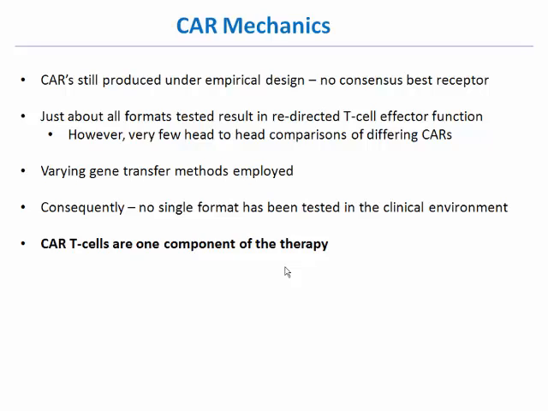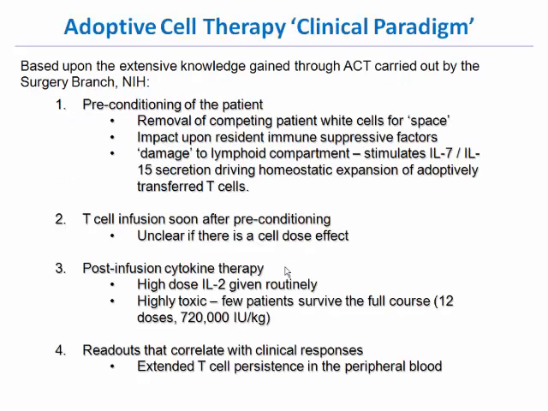The important thing from the clinical point of view is that the T cells themselves only represent one part of the entire therapy, because the patients have to be preconditioned before they receive these cells. This is based on the clinical paradigm developed by Steven Rosenberg at the Surgery Branch of the National Institutes of Health in Bethesda, and they've come up with some general rules.